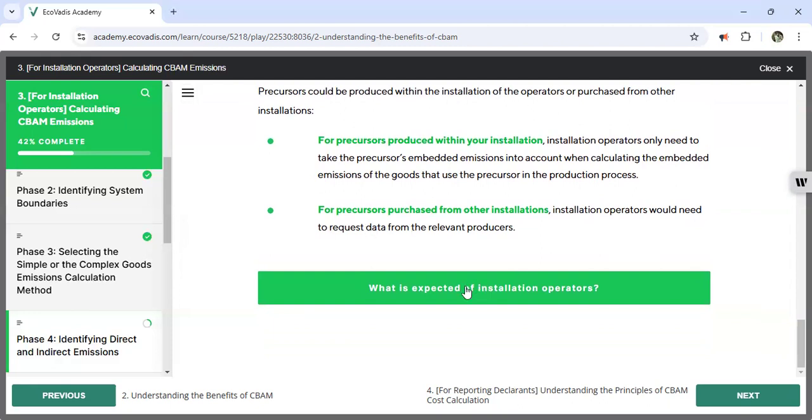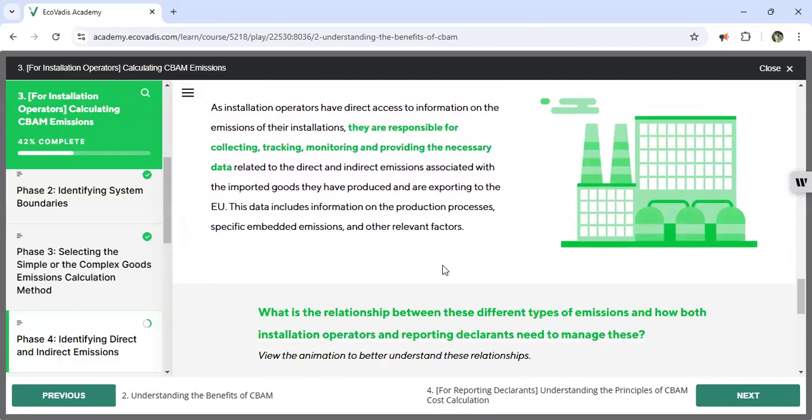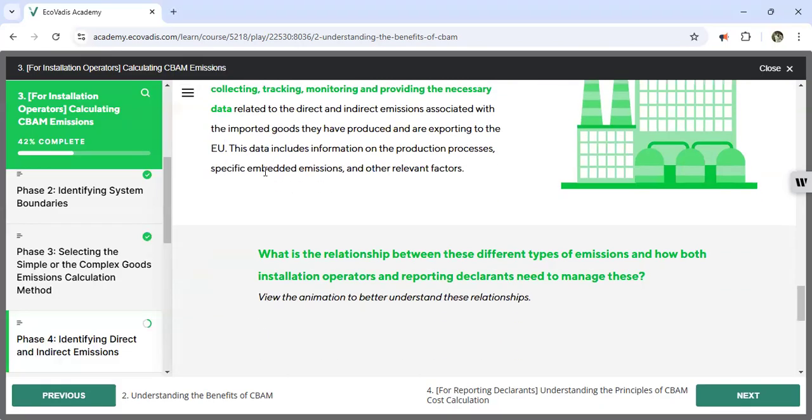What is expected of installation operators? As installation operators have direct access to information on the emissions of their installations, they are responsible for collecting, tracking, monitoring and providing the necessary data related to the direct and indirect emissions associated with the imported goods they have produced and are exporting to the EU.